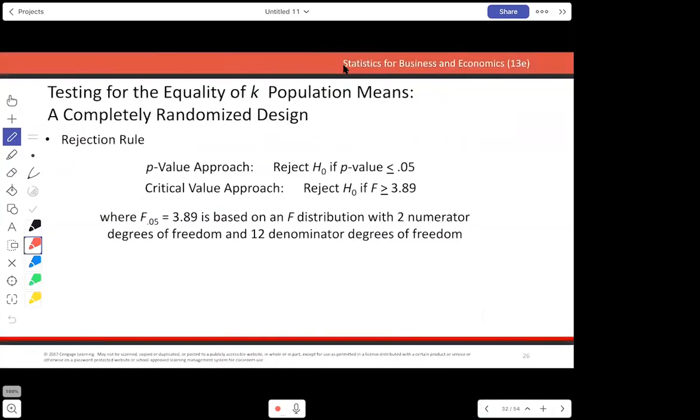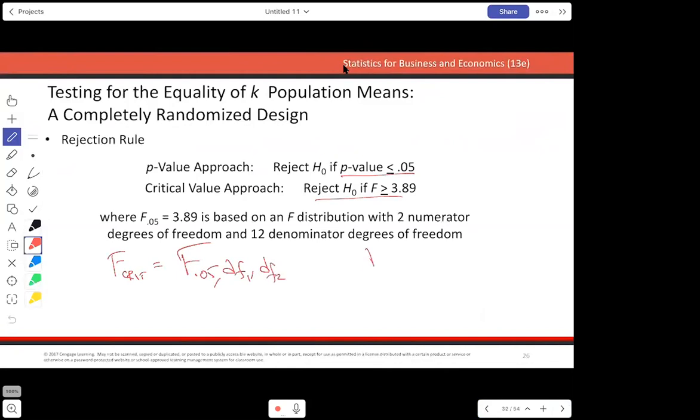Now, we want to do a test based on an alpha value of 5%. So we could use the critical value approach, or we could use the p-value approach. If we use the critical value approach, our F critical is F.05, but remember we need degrees of freedom 1 and degrees of freedom 2.